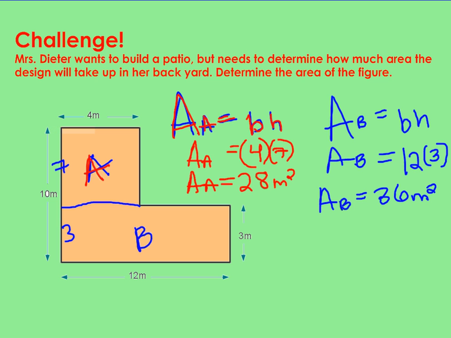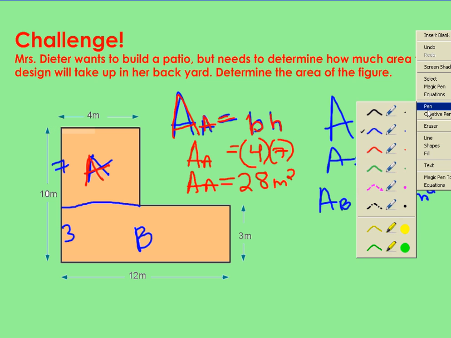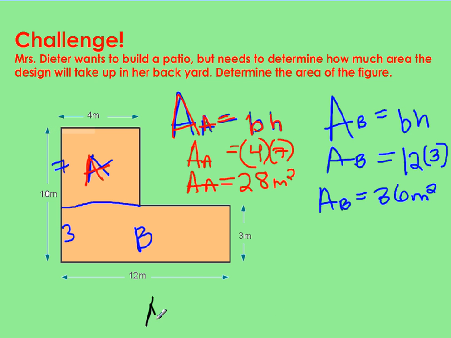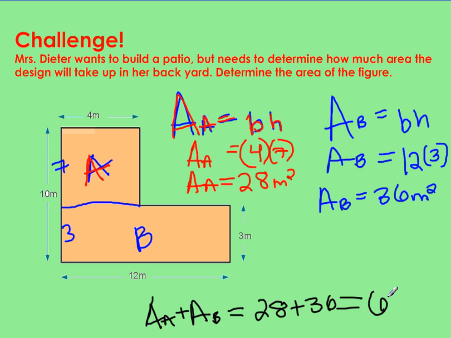And to find out the area of the total, then we'll just go ahead and take area A plus the area of B, which is going to be 28 plus 36, and we find out that our total area will end up being 64 meters squared.